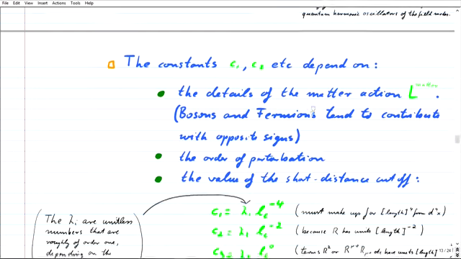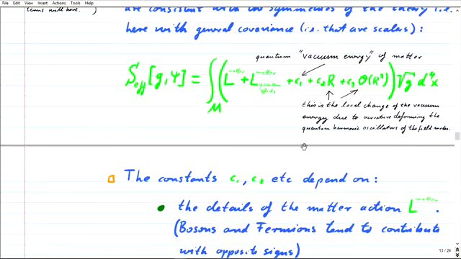Now, what about C2? This constant C2 has different units from the constant C1. C1 has units 1 over length to the 4th power, to make up for the length to the 4th power here. But R, the Ricci scalar, has itself units of 1 over length squared, because it has up to second derivatives of the metric in it.